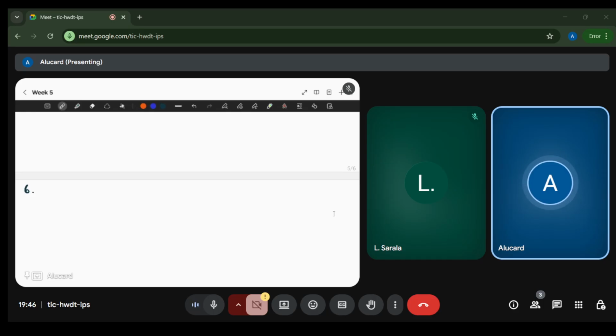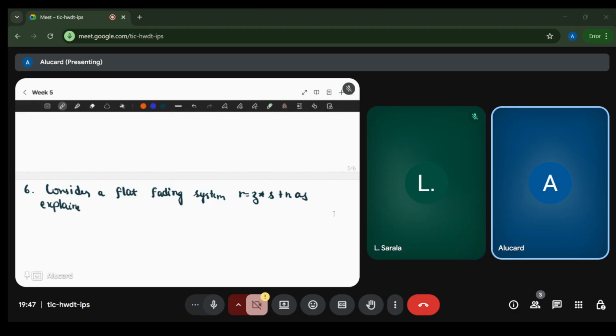Next question. Consider a flat fading system. R is equal to Z times S plus N, as explained in the lectures. And Z has the distribution CN of 0, 1.